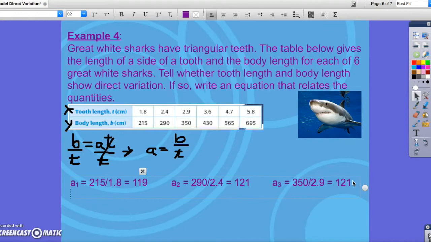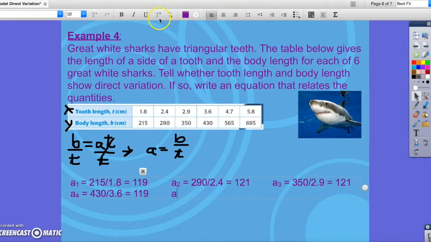And then we have A4 equals 430 divided by 3.6, which equals about 119.